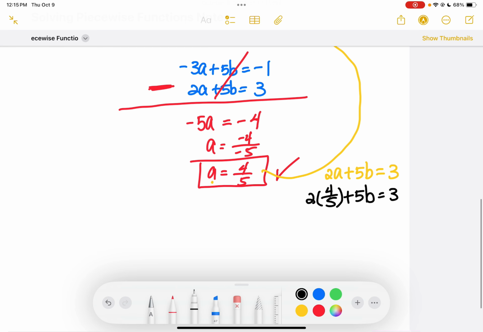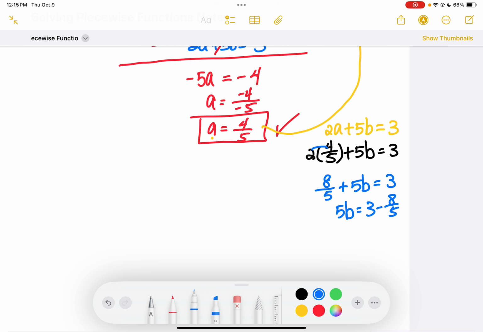Yes, no calculator. So that tells me housekeeping. I got 2 times 4 will be 8 over 5 plus 5b should equal to 3. I'm going to subtract 8 over 5 from both sides. Now here comes the trouble. We do not like the denominator.